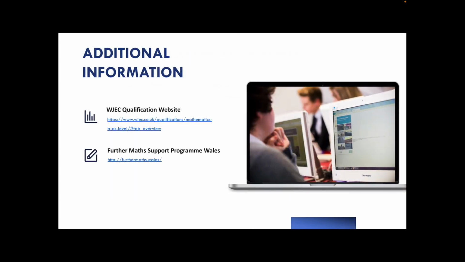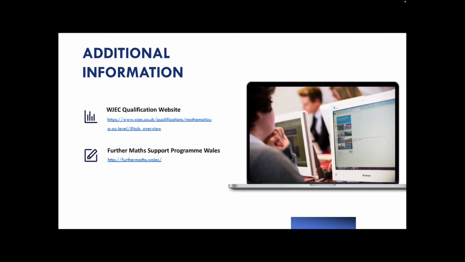Finally, some additional information that you might be interested in. The specification for the course can be found by clicking on the WJEC qualifications website. That will give you more of a breakdown of the course content, topics, and program of study.